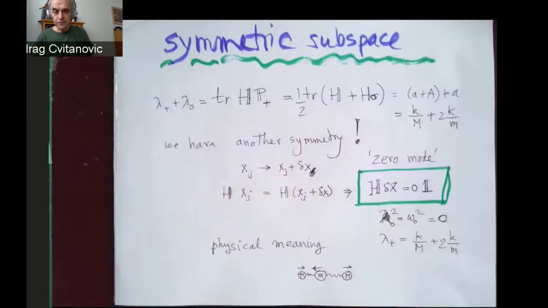We can go into the center of mass frame, in which we make sure that the 3 momenta of these 3 particles add up to 0 and remain added up to 0. And the physical meaning of this eigenmode is that the 2 oxygens are going in one direction, the carbon in the middle is going in the other direction, in such a way that at any instant in time, the center of mass is not moving.